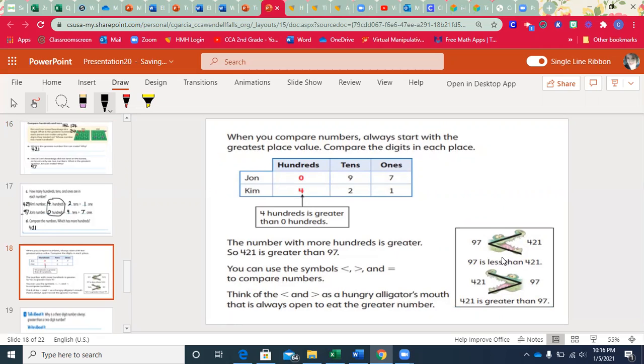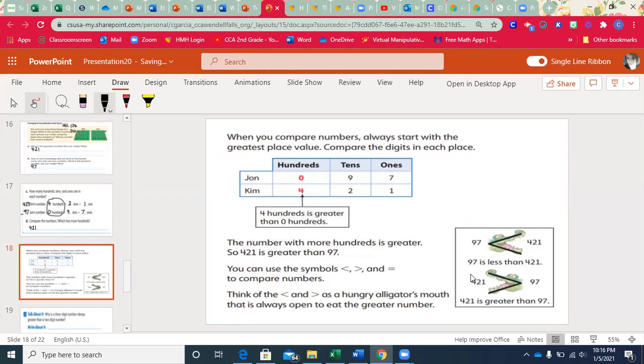And then we read this like a number sentence. 97 is less than 421. So that's how you read this symbol here. And then if we were to flip it the other way and put the greater number first, we would read it this way. 421 is greater than, it's switched, than 97.